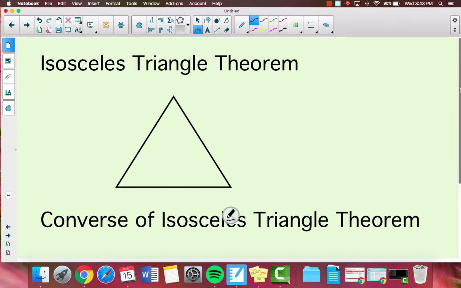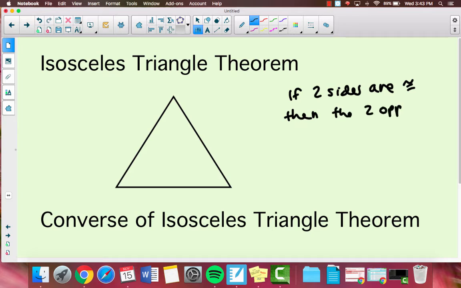So the first one is called the isosceles triangle theorem, and we kind of touched on this a little bit in a previous section, but the isosceles triangle theorem just says if two sides are congruent, then that has to mean the two opposite angles are congruent.